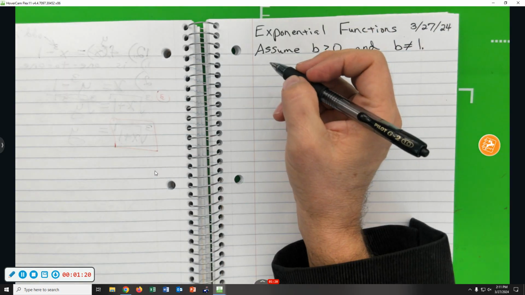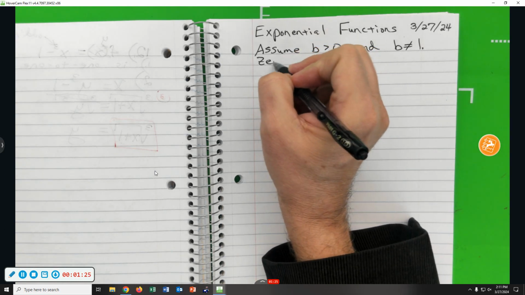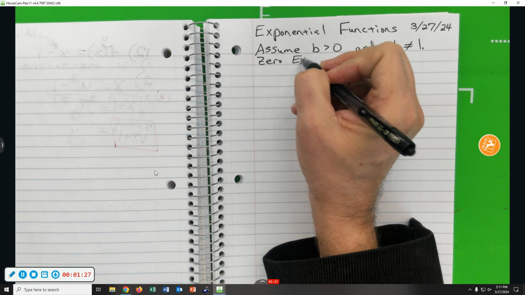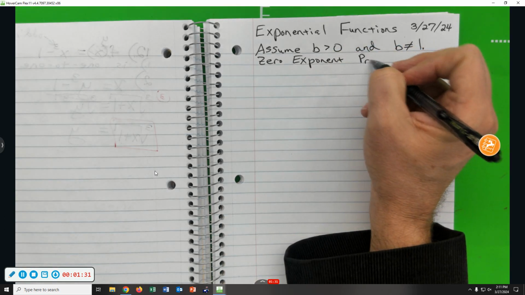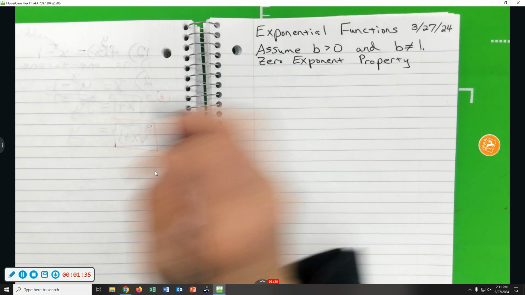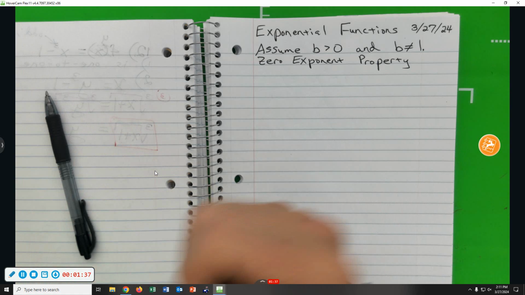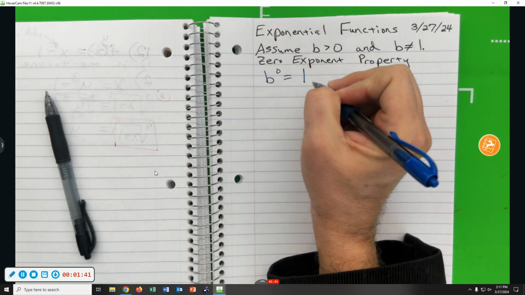Here's the first property that I want to remind you of. It's the zero exponent property. The zero exponent property says b to the 0 is defined to equal 1.